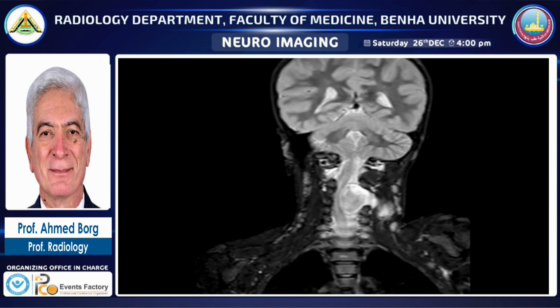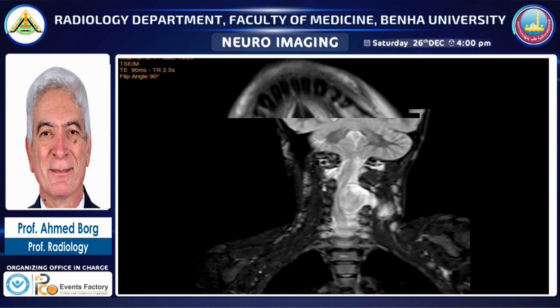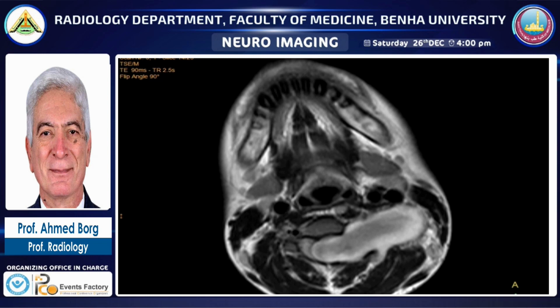You can see here the CSF cap. The cord is pushed to the side, to the right side, and here there's a CSF cap, and there's a CSF cap on the lower pole of the mass. Here's again the mass, and the cord is pushed inside the dural sac.